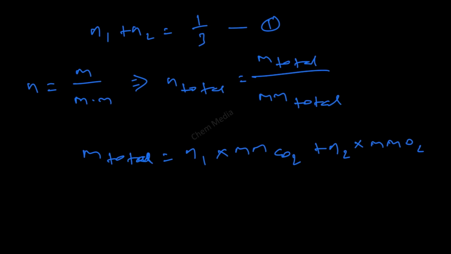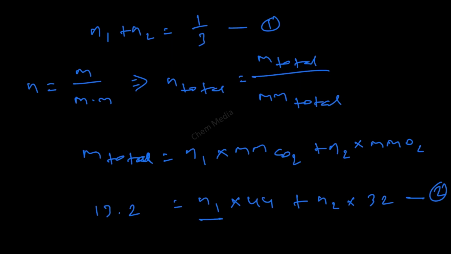Molar mass of CO2 is 44 gram per mole. So therefore, N1 times 44 plus N2 times 32, since for O2 it is 32 gram per mole. And the total mass given is 13.2 gram. So let's say this is equation 2.